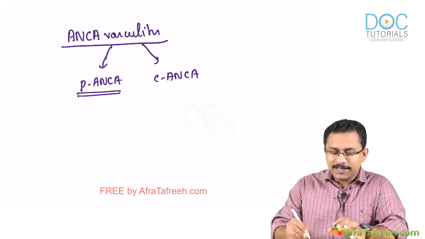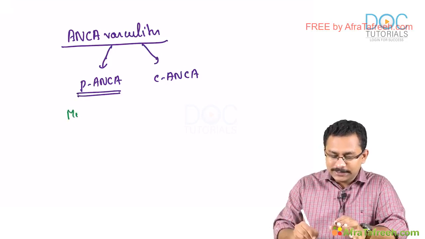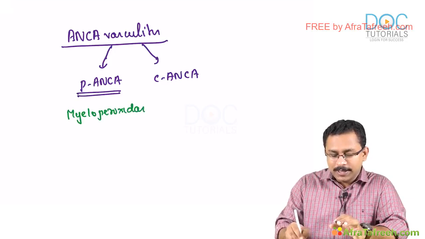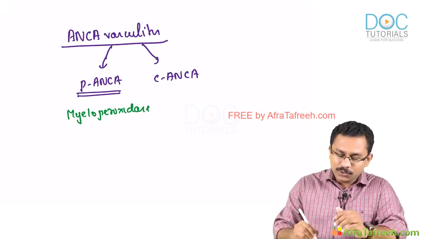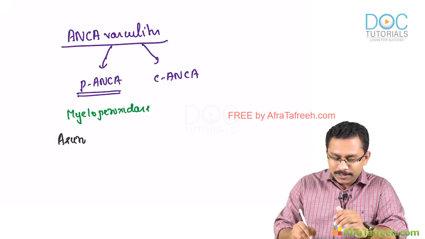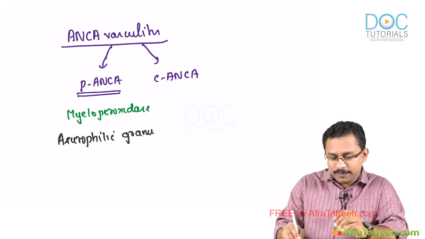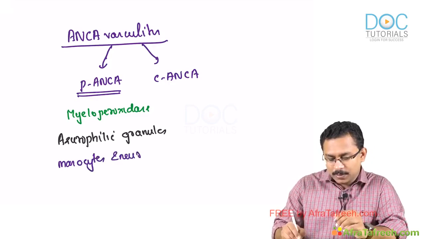And this P ANCA is directed against myeloperoxidase, and this myeloperoxidase is present in the azurophilic granules of monocytes and neutrophils.